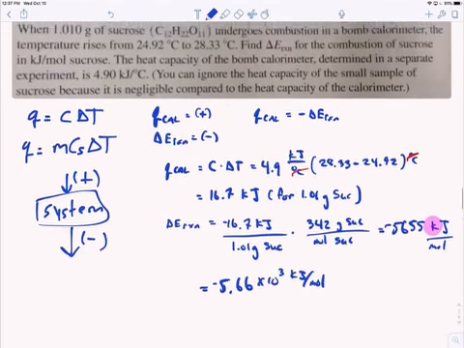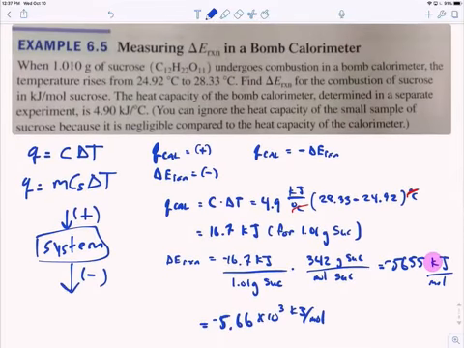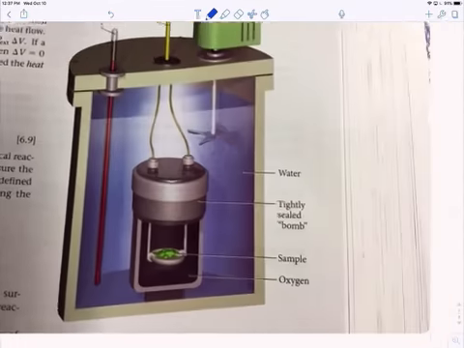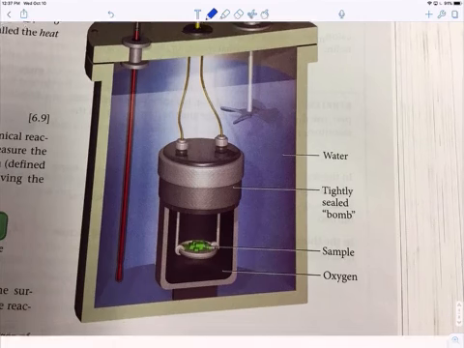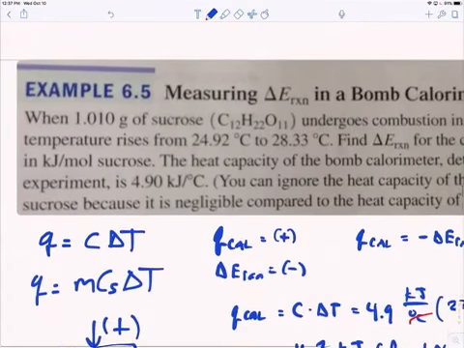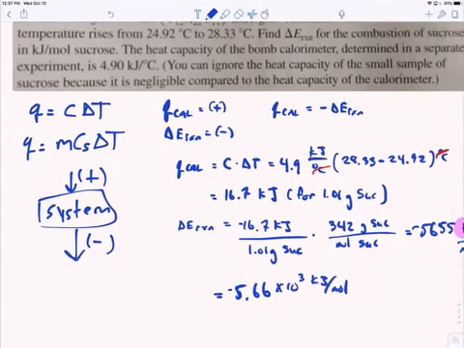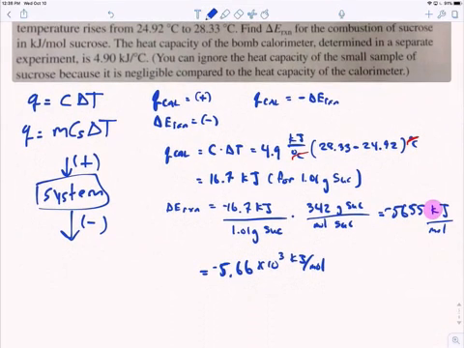So, all right then, recap. We have our bomb calorimeter, and in this bomb calorimeter, we burn some sucrose, good old sugar. The temperature of the water inside the bomb calorimeter increases, and we know the heat capacity of the bomb calorimeter, and we know the mass of the sucrose, and we want to figure out the change in internal energy for this combustion of sucrose.